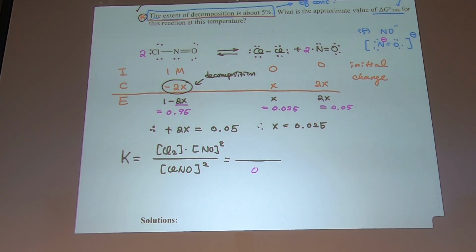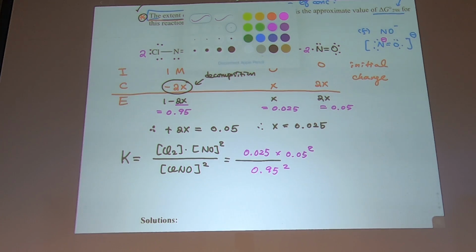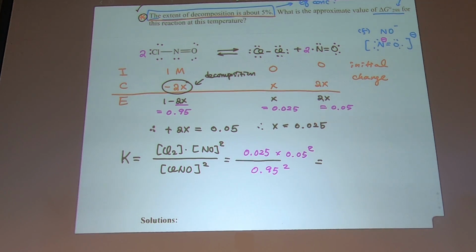So I'm going to write 0.95 squared, 0.05 squared. I plug in those numbers, and what do I get? The K value that I have is 6.9 times 10 to the minus 5.